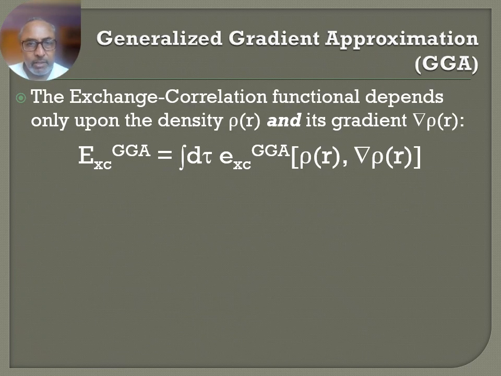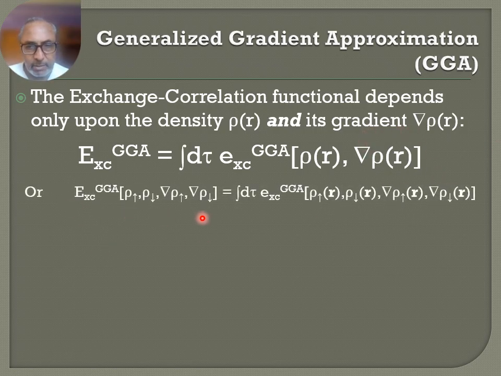That brings us then to the generalized gradient approximation or GGA functionals, where the exchange correlation functional depends upon the density rho of r and its gradient del rho of r, or its spin density equivalent, which can be written in this form.